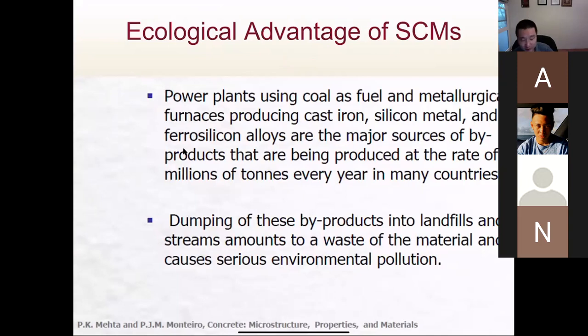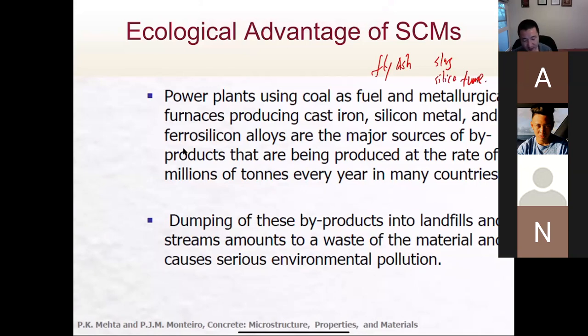Before we go into the details of SCMs, let's look at the ecological advantage of SCMs. Power plants use coal as a fuel, and we have fly ash from the coal-burning power plant. The manufacturing process of cast iron, silicon metal, or other alloys will produce silica fume or slag.